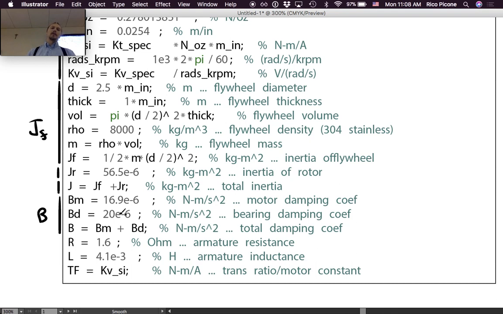So it comes from the motor, its internal damping, and then the damping of the bearings. And R and L, the resistance and the inductance, are given in the spec sheet for the electrical side. And finally, I just say, well, let's use TF instead of KV in this, because we like using TF. Because they're the same, right? Just the same.